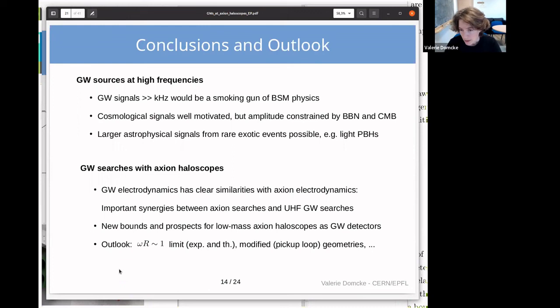Then the other point that I wanted to make is that there's a lot of synergy between axion searches and gravitational wave searches. The interplay that we know between axions and electrodynamics has a very nice analog for gravitational waves and electrodynamics.